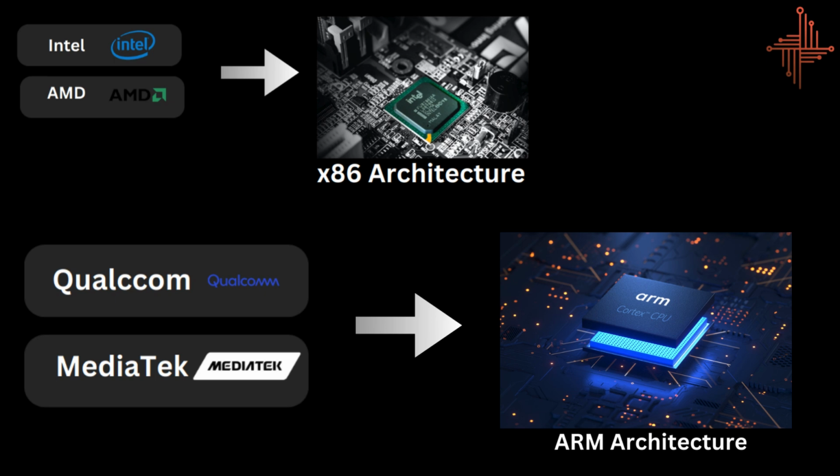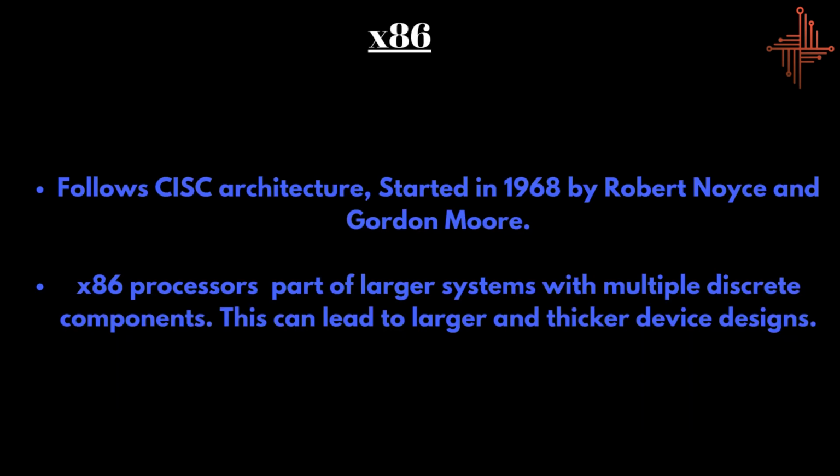So let's now get back to x86. We just talked about it. The x86 follows the CISC architecture. You might have seen all the Windows computers, they have this Intel Core i3, i5 or i7 written on them. Because x86 is the architecture used by Intel.